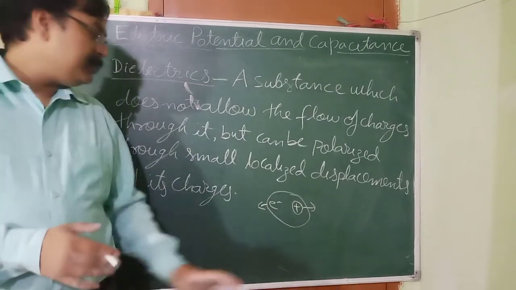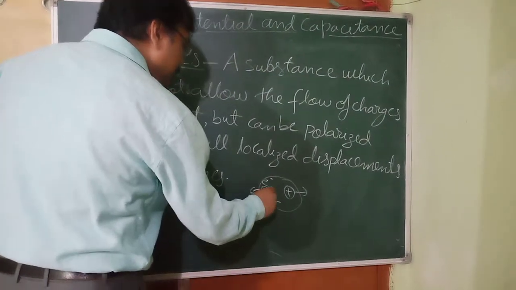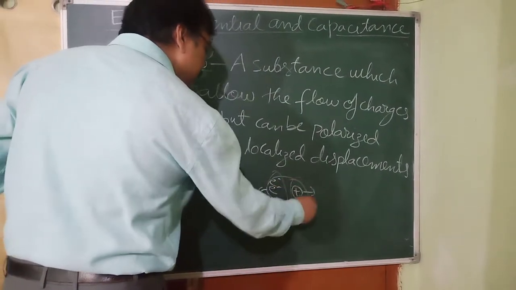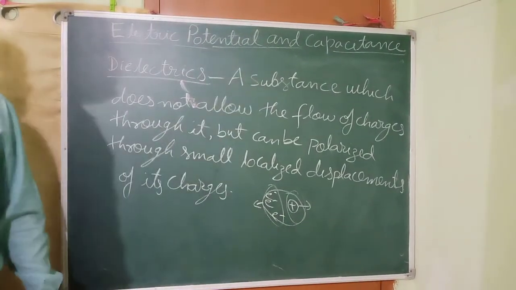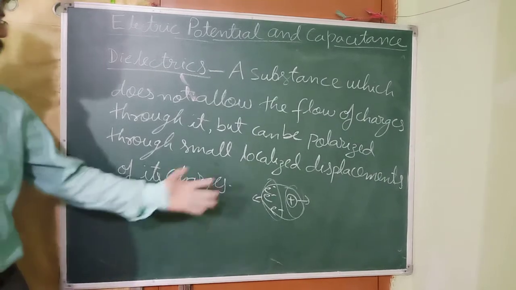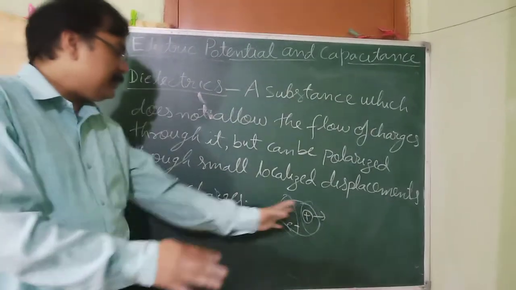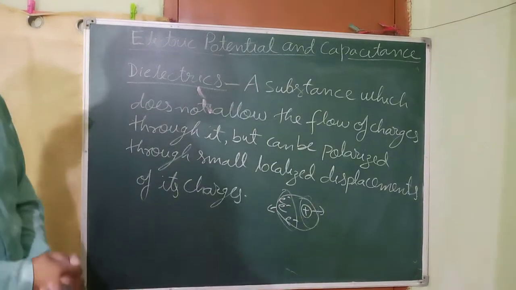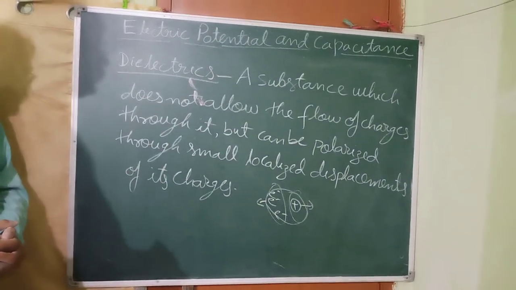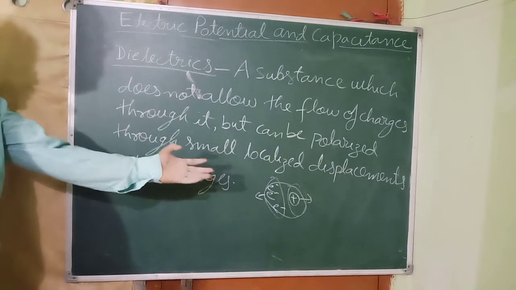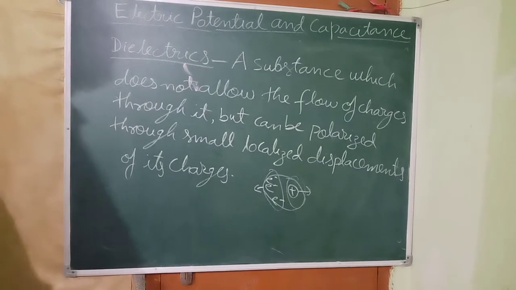When it gets deformed, all the electron cloud is near here, so you get all the negative charge here and all the positive charge here, so it behaves like an electric dipole. Clear? This is called polarization. When these two polarities are developed, it is called polarization. So even though they are insulators, they can be polarized when placed in the external electric field.